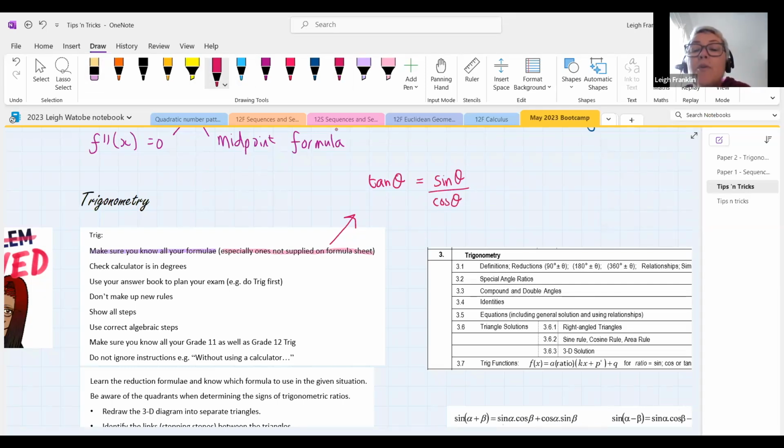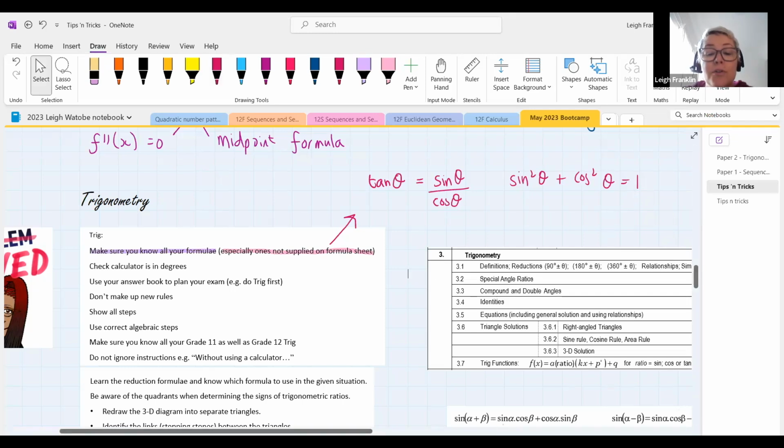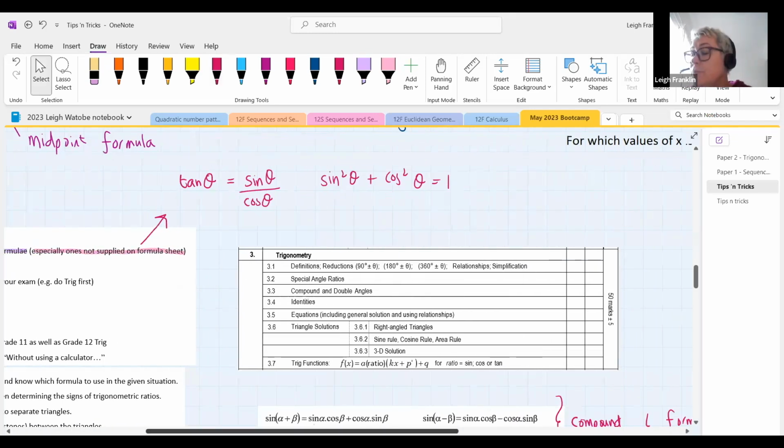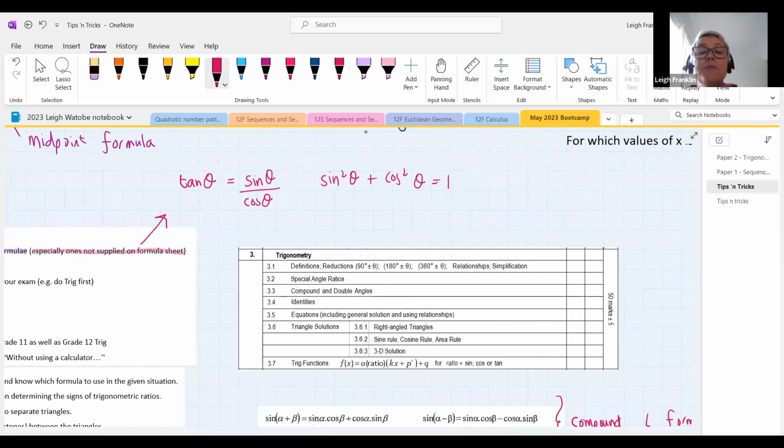The other one that I'm referring to is sine squared theta plus cos squared theta equals 1. That's your square identity. All right, so those are not on your formula sheet either, but they still come up. Okay, so you would still be expected to be able to use those. Remember, we can further manipulate our square identity. So what we can do if we want to is make cos squared theta the subject of the formula by moving sine squared theta over to the other side.